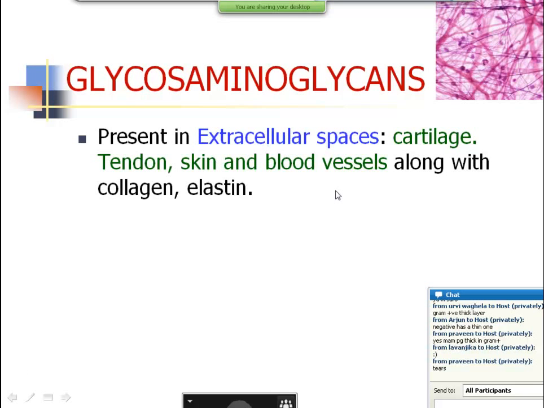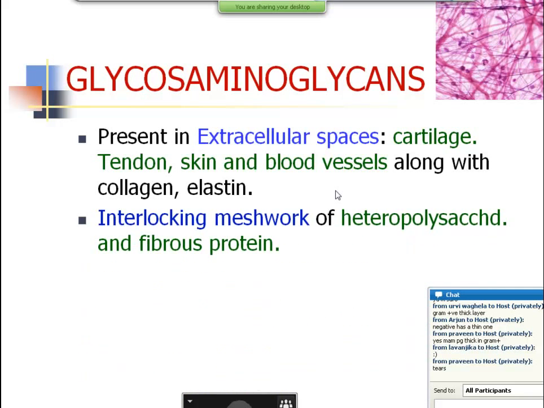So in the cartilage, tendons, skin, blood vessels, along with fibrous proteins like collagen and elastin, the glycosaminoglycans are present. These are nothing but heteropolysaccharides along with certain fibrous proteins. They form a mesh network, a severe mesh-like network.